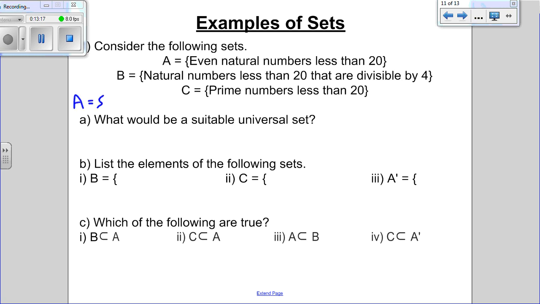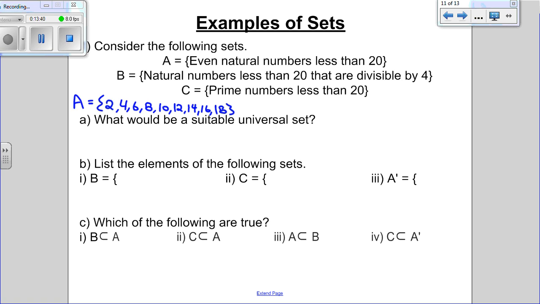So that's going to be all the even numbers. So I'm going to go 2, 4, 6, 8, 10, 12, 14, 16, 18. And that helps me just visualize what's actually inside that set rather than having to depend on thinking about even numbers less than 20.